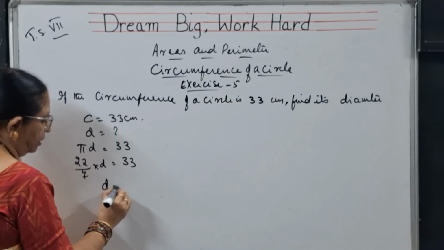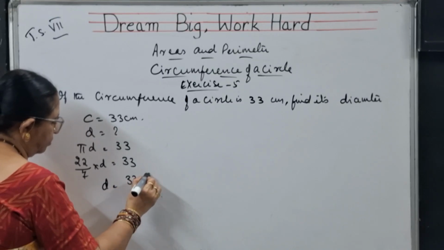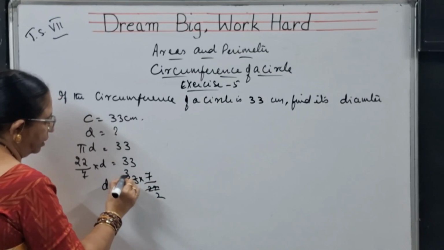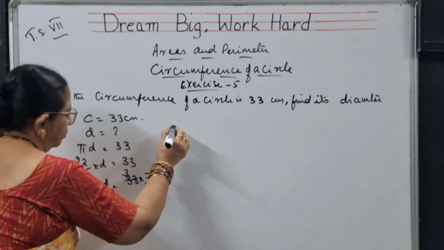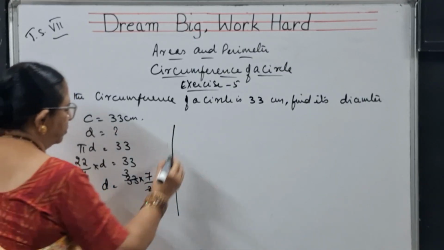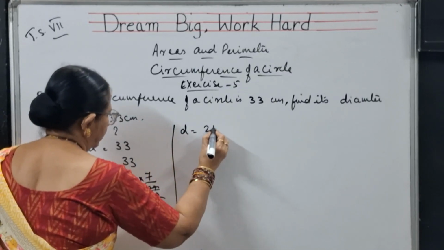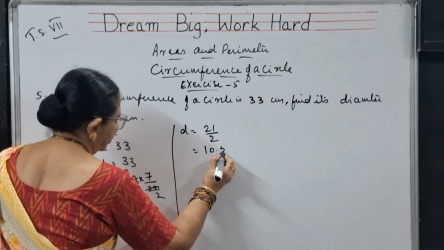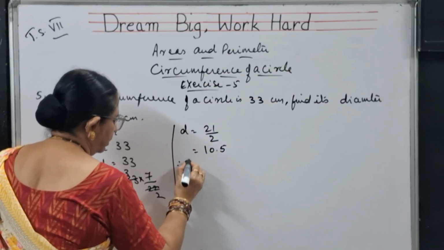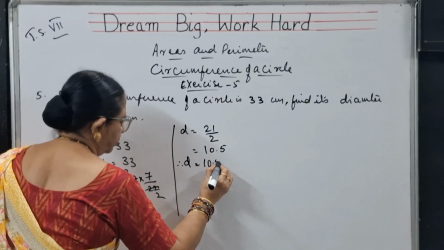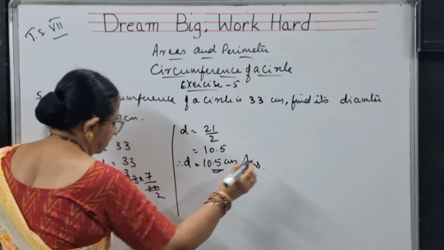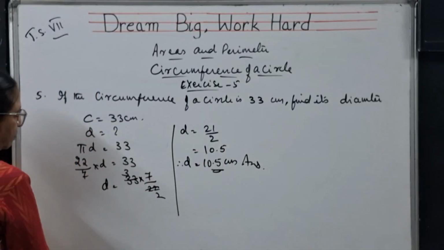So what is d? 33 into 7 by 22. 11 twos are 22, 11 threes are 33. So you are getting the value d is equal to 21 by 2, that is 10.5. Therefore, the diameter is 10.5 centimeters, the answer for this problem, children.